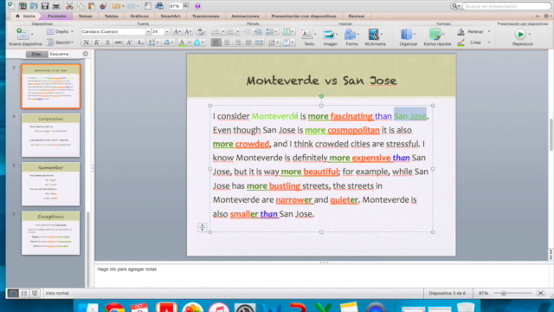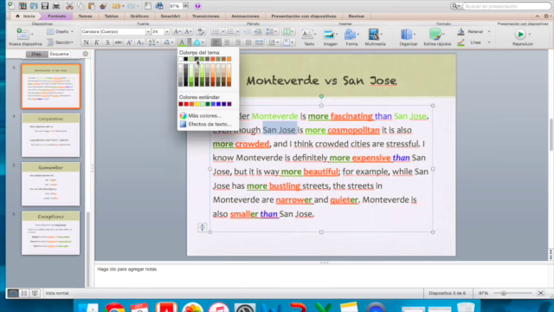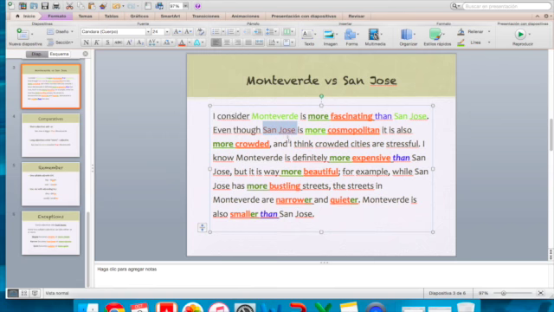If I am using both nouns, or both cities in this case, we need to use than when using comparatives with long adjectives. But here, even though San Jose is more cosmopolitan, it is also more crowded. I am only mentioning San Jose. Since I am only mentioning San Jose, I don't need to write than because I'm not mentioning Monteverde. Because we don't want the paragraph to be repetitive.